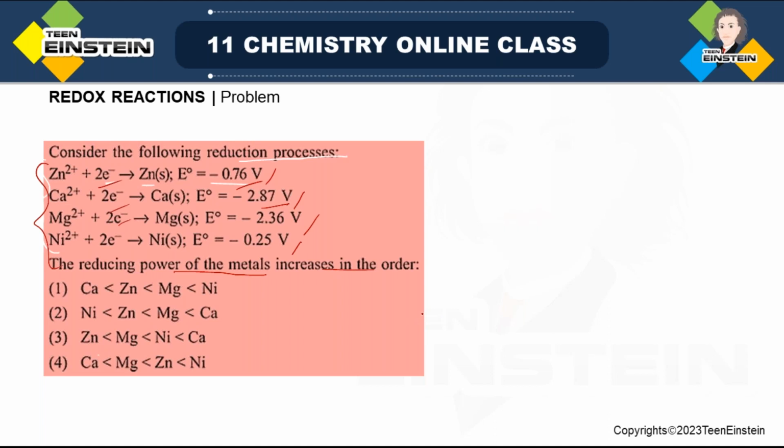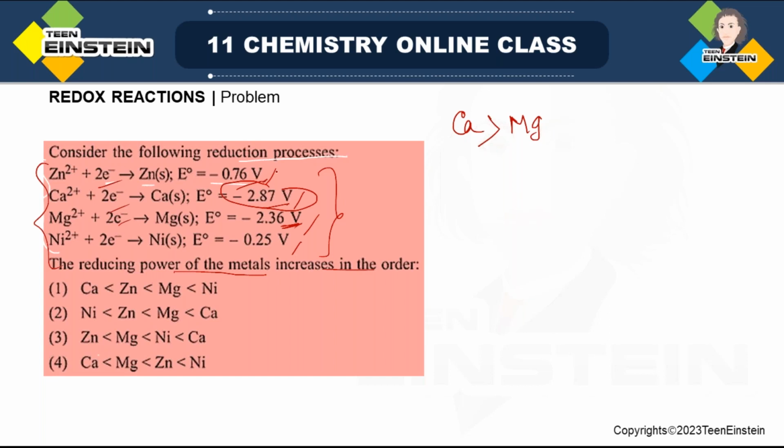You just have to choose among these values which one is the maximum negative. The maximum negative is this one, that means calcium will have the maximum tendency to reduce. After that, which one is the next most negative? That is basically Mg, so after Ca it should be Mg. Then we have Zn2 plus Zn and nickel.